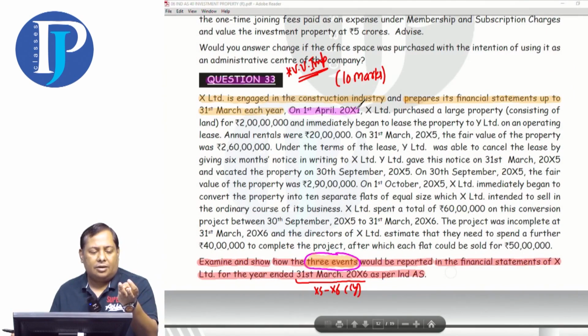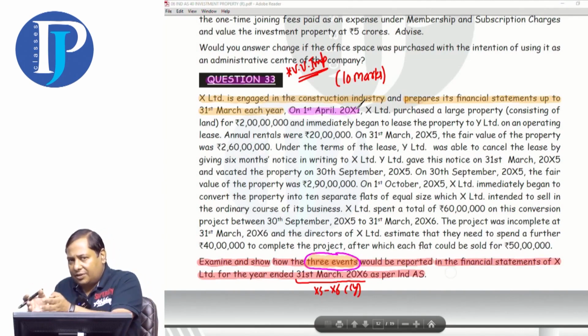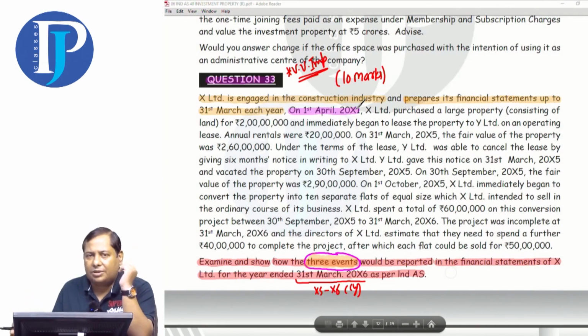X2, X3. X3, X4. X4, X5. X5, X6. In total, it's 5 years. 1 out of 5 becomes the current year. So, how many years from the past? 4. So if I'm standing on March 31st, the information you're providing is from 5 years ago.